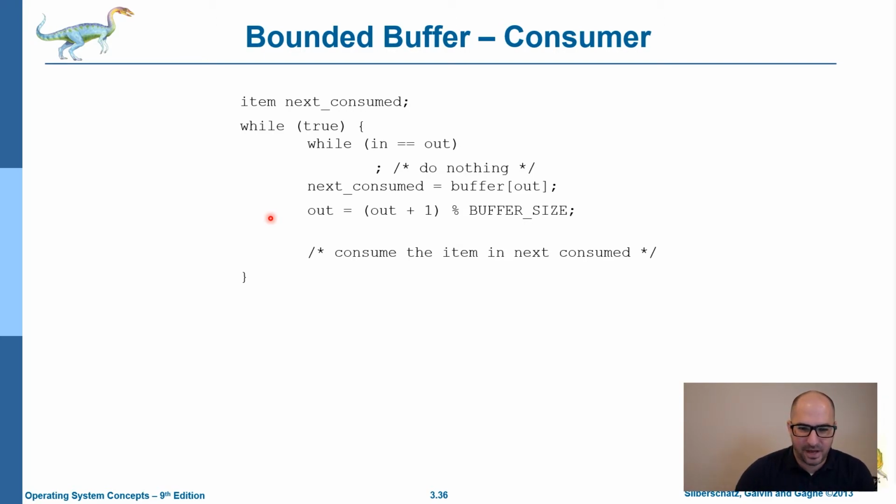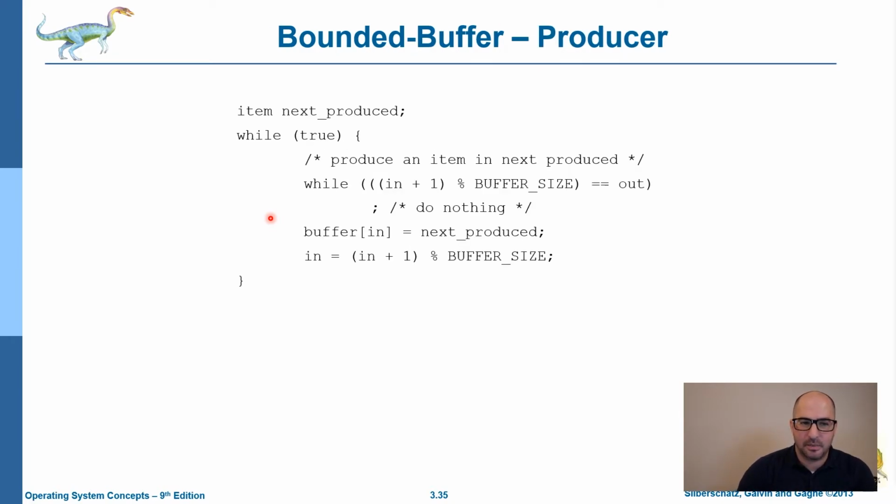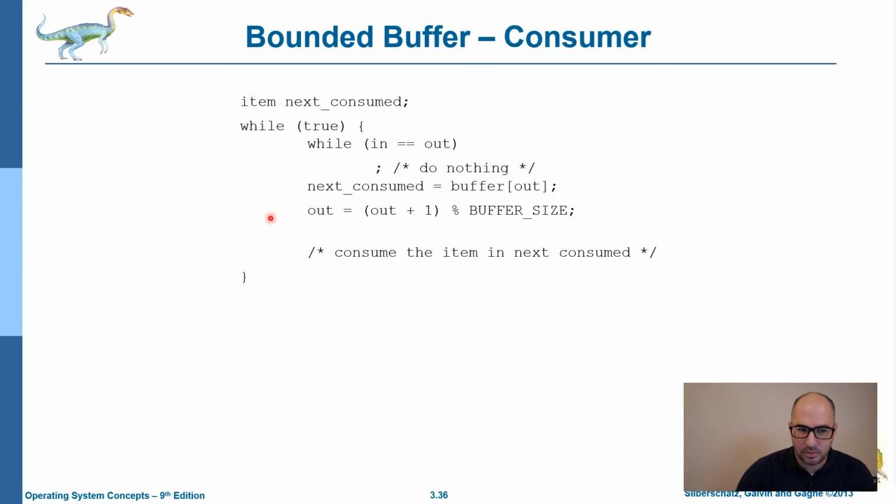That was a bit fast. Spend some time with this concept and understand that between the producer and the consumer, the buffer, in, and out are shared between them. We haven't discussed how, but just assume for these two code segments that in and out are shared between the consumer and the producer processes.